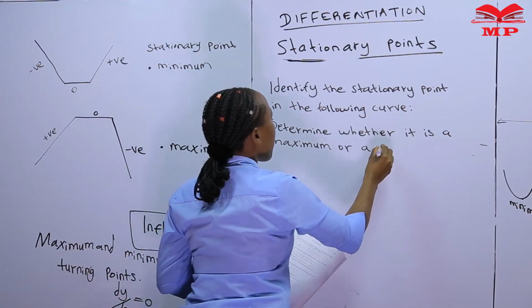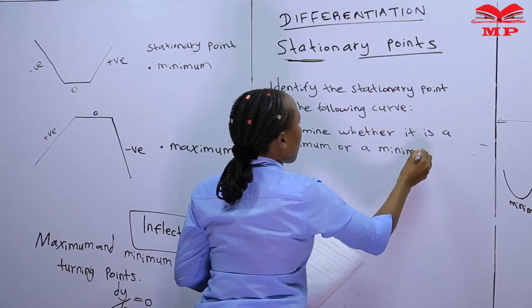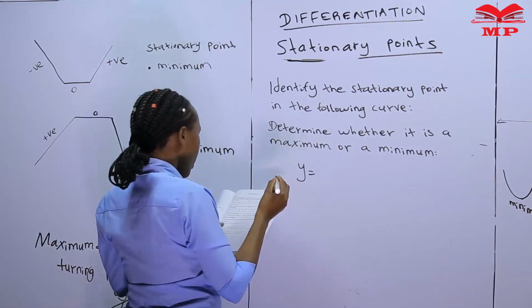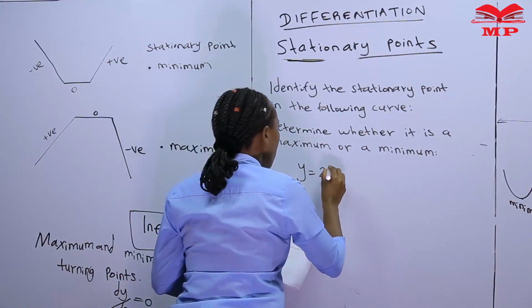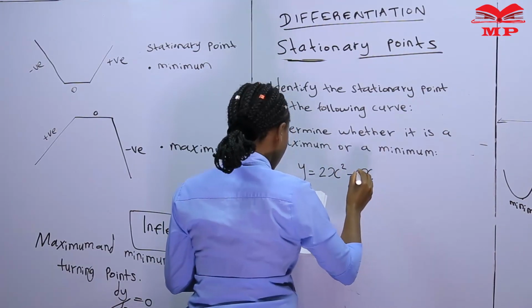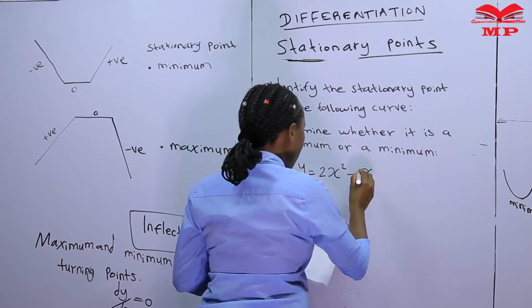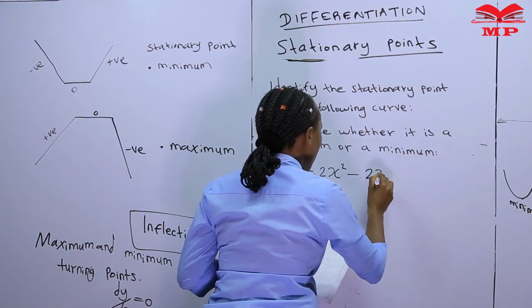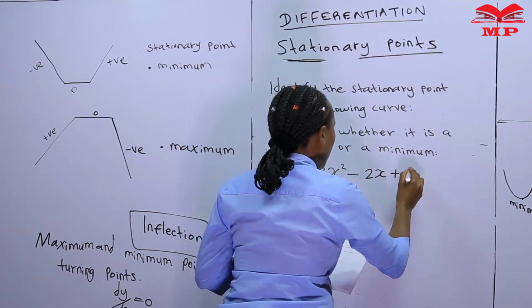or a minimum, and the equation is y equals 2x squared minus 2x plus 2.